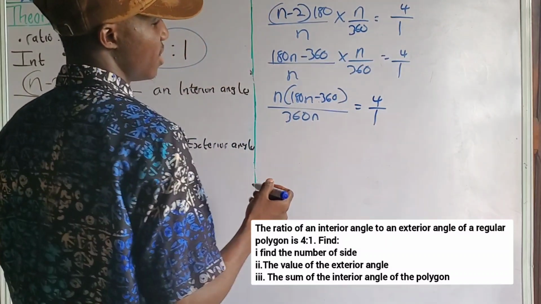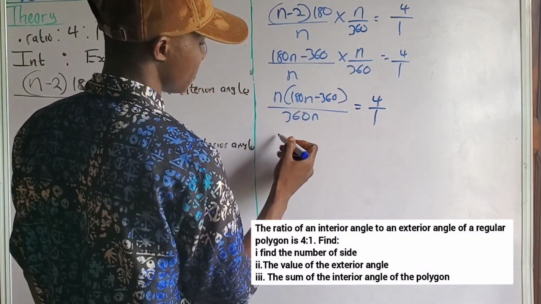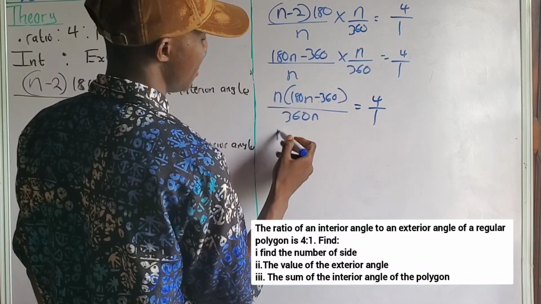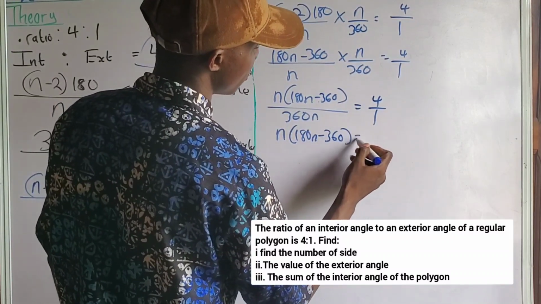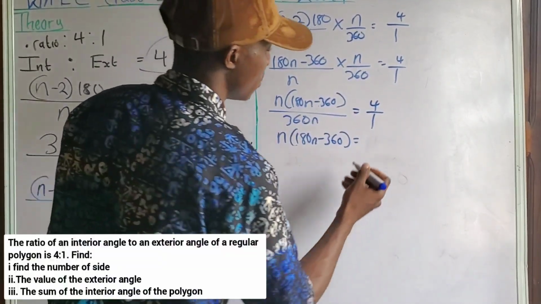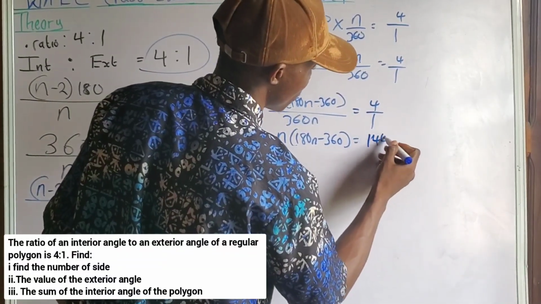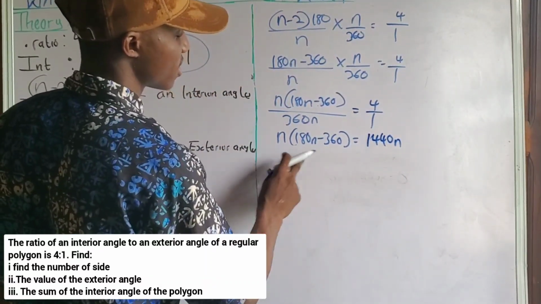So cross multiply, please pay attention. n multiplied by (180n minus 360) equals 360n multiplied by 4. That is 1440n. Now the next step is to open the brackets.